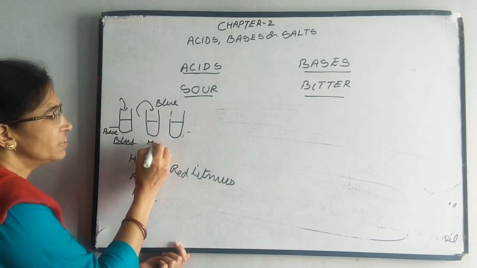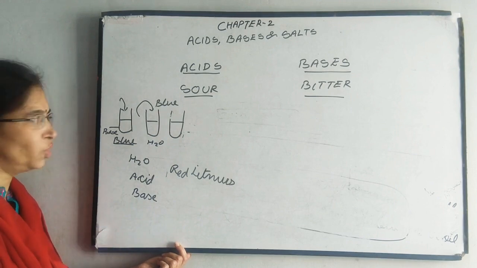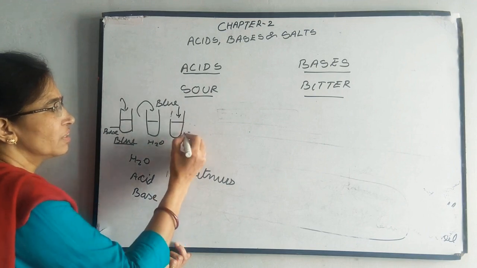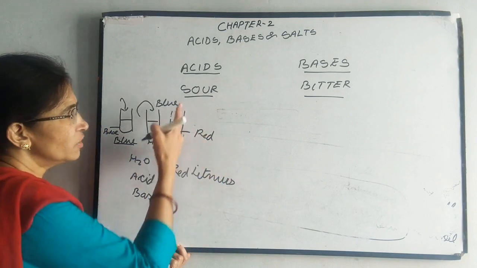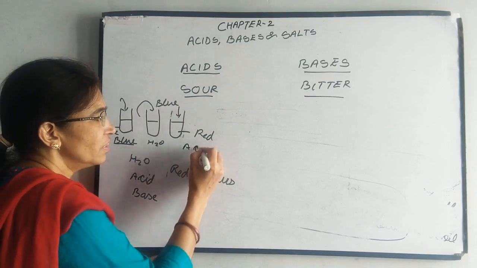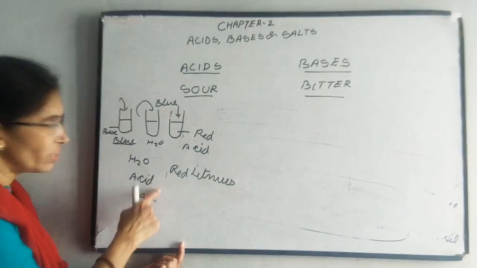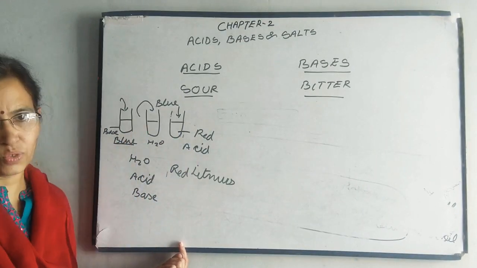No color change means it is water, because water is neutral. Red will stay red, blue will stay blue. Then again we put blue litmus in the remaining one, and immediately the color changes from blue to red. So it is acid. So if we have only one kind of indicator, we can still find out or identify the substance present in the test tube. Thank you.